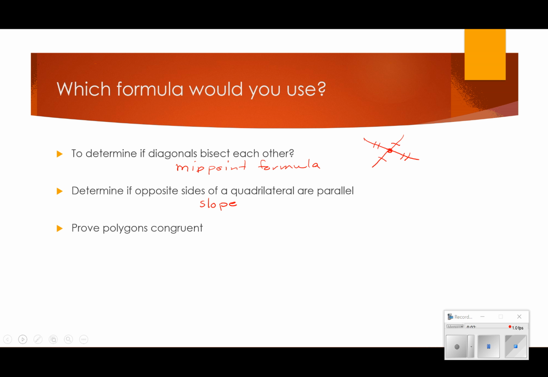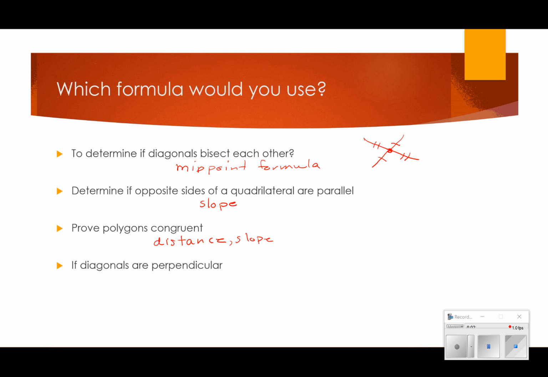If I want to prove that polygons are congruent, I could use pretty much anything. I can use distance. Actually, right now, all you pretty much know is distance. So I'm going to use the distance to prove that polygons are congruent, because I can prove that their sides are congruent. And I might also have to use the slope formula to see if the angles are congruent, that kind of thing.